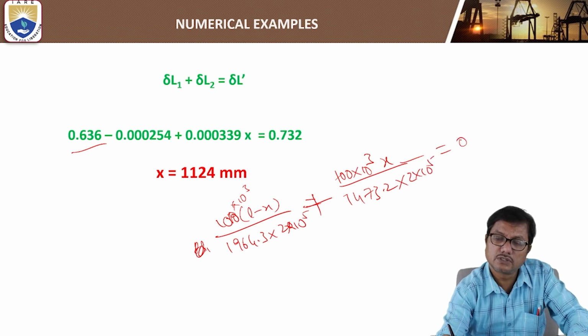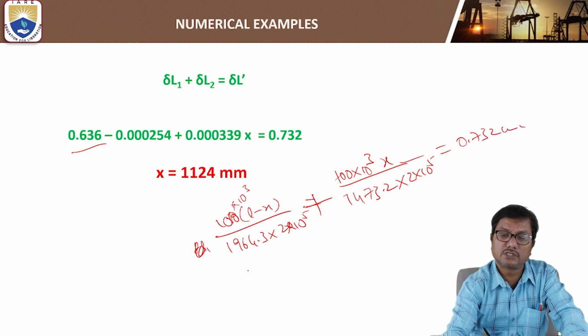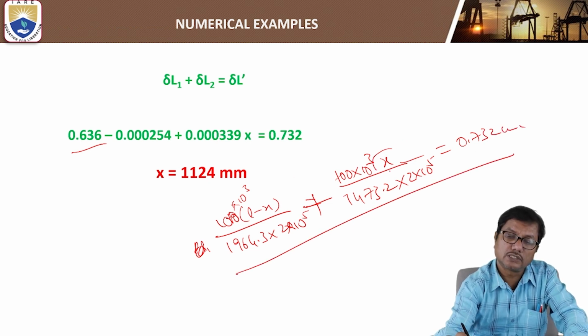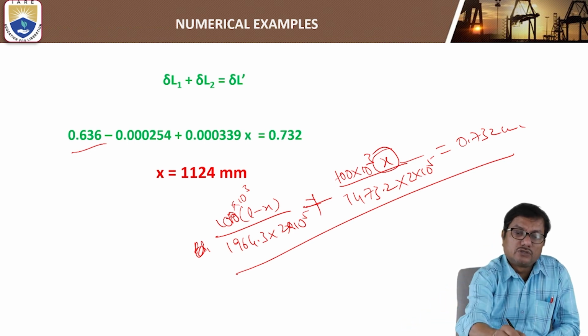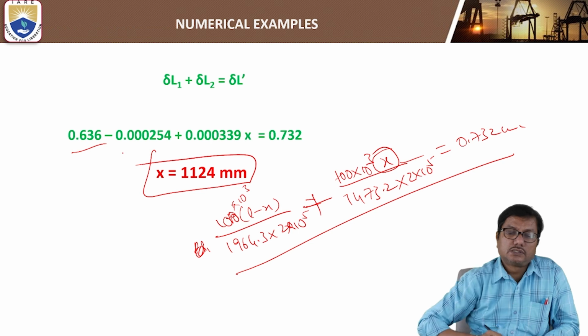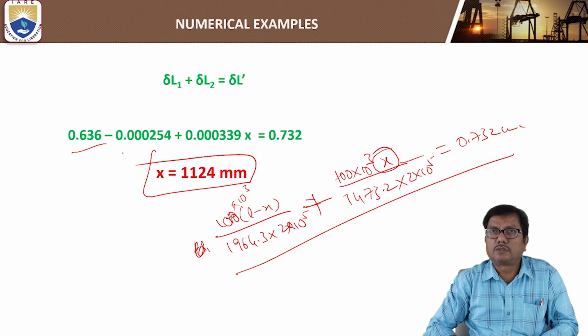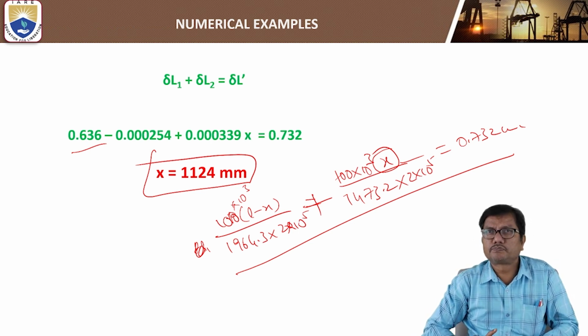So this is equal to 0.732 millimeters. By solving this, we will get the x value, which comes out to be 1124 mm.